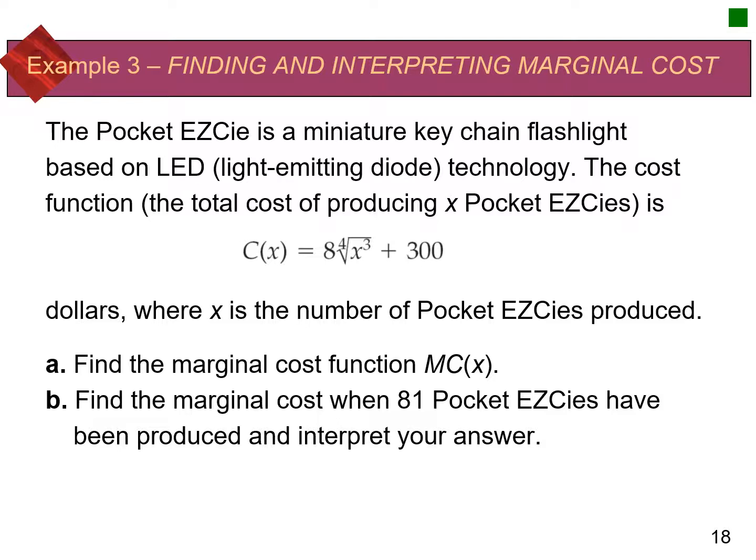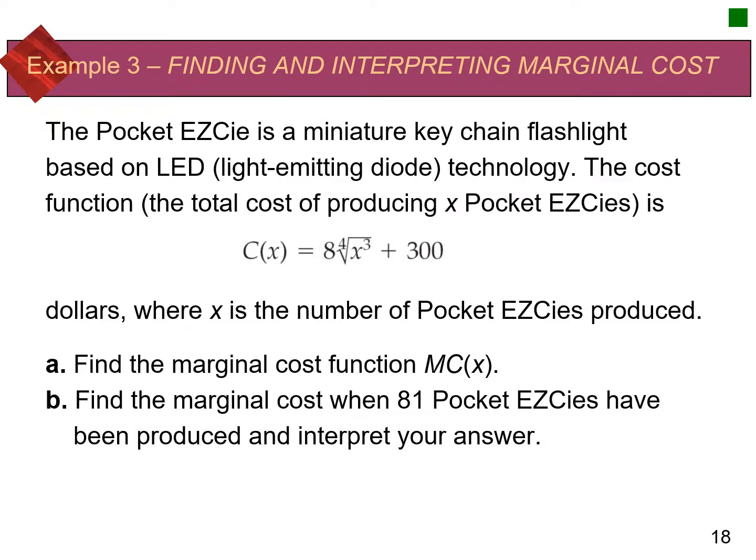I don't like the way that's even pronounced. So they want you to find the marginal cost function, and they want you to find the marginal cost when 81 Pocket EZCIEs have been produced, and interpret your answer. When they say interpret, they want you to describe what that number value that you've calculated actually means.